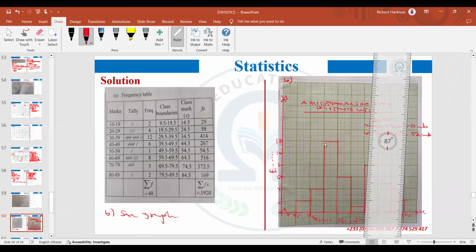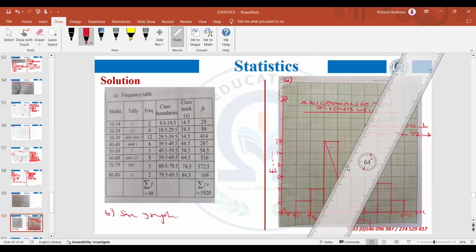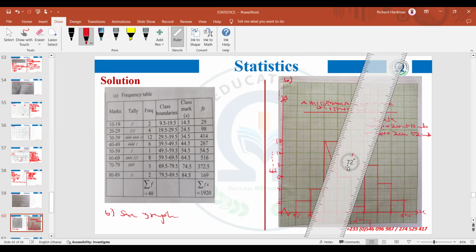So this point will come and join the closest bar, the one that it flushes with, where the next bar starts. Your diagonal should be a continuous line. Then you draw another diagonal, which will also start from here and end at the closest boundary.